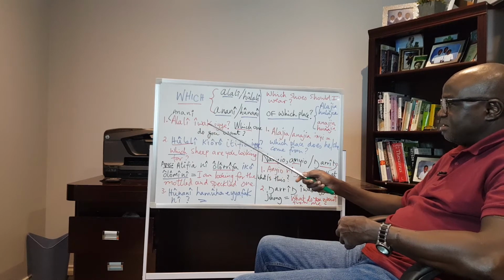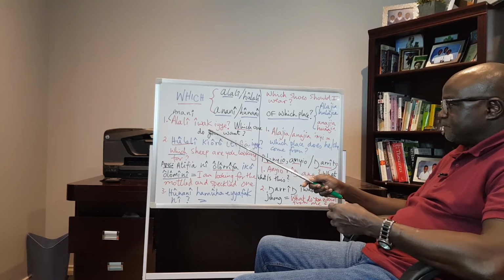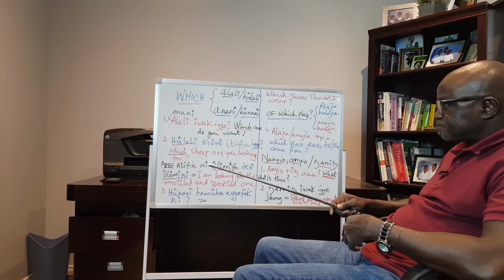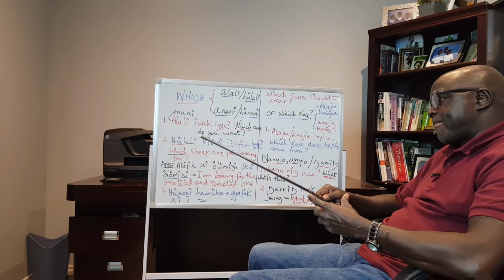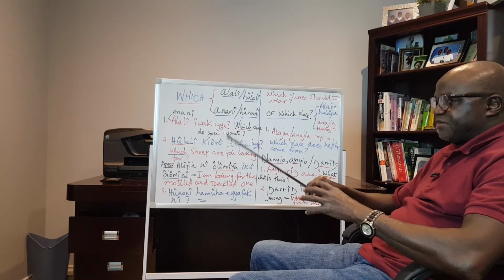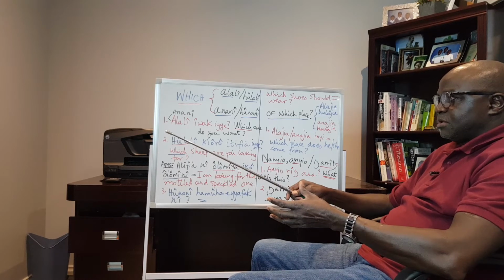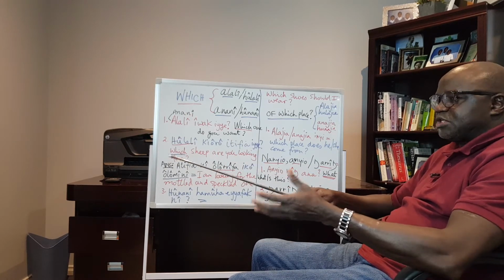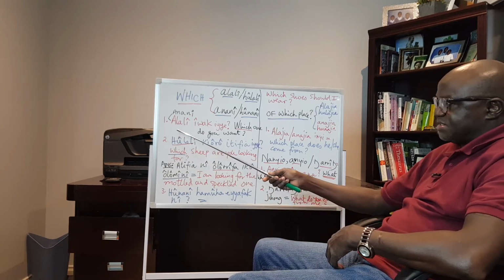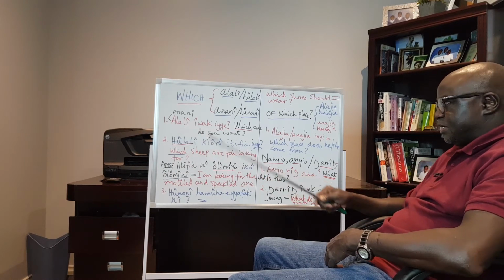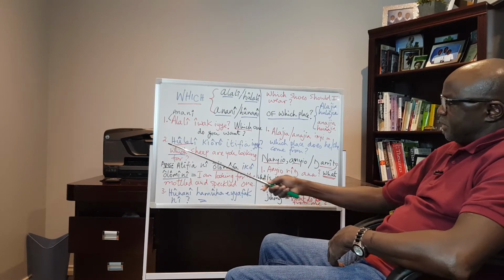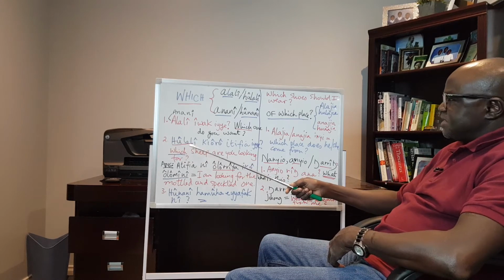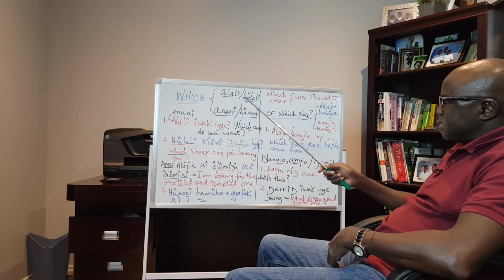So the question is asking about a male thing. Which one do you want? So for example, the person asking you this question has several things, and they want you to choose from them. That's why they ask this kind of question, Alalî iyye, which one do you want? And in example number 2, this is the plural form of this one, which is this one here.